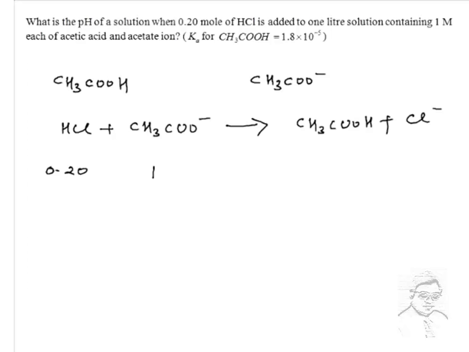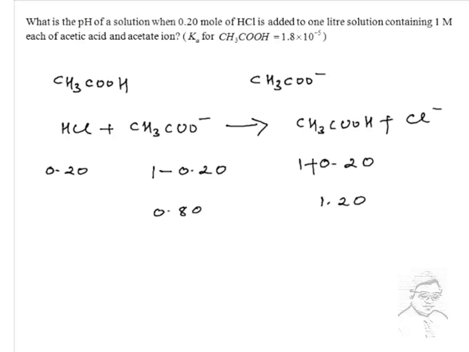So 1 minus 0.2. 0.2 will react, 0.2 will be formed, but it was not 0 to begin with. Acetic acid was how much? 1 molar, 1 liter, 1 mole. Right? So 1, 1, that was the situation earlier. Now the situation is 0.8, 1.2.